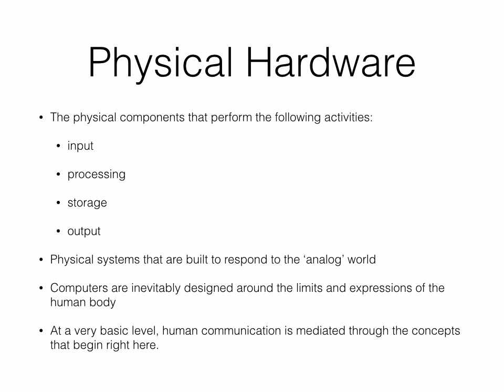And I put it here to talk about why physical hardware is how it is: at a very basic level, information systems or information technology, physical hardware in other words, mediates human communication through the concepts that begin right here at this level.